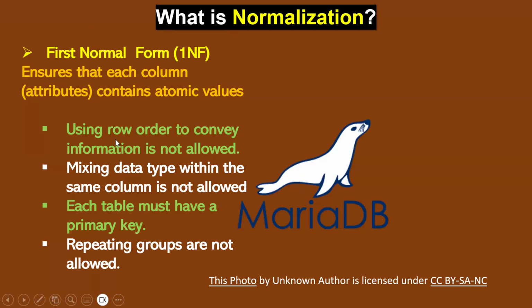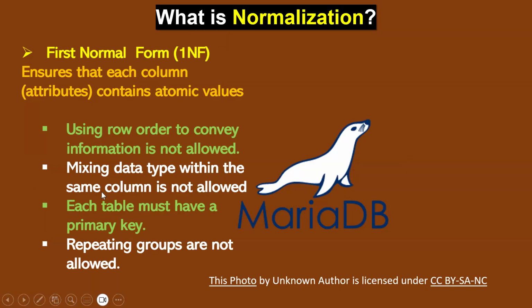Somebody might say Cruyff, Beckenbauer, Eusébio, or something else. The order is not going to convey information. That's not accurate, so you cannot say the row order determines how to convey information. That's not permitted.